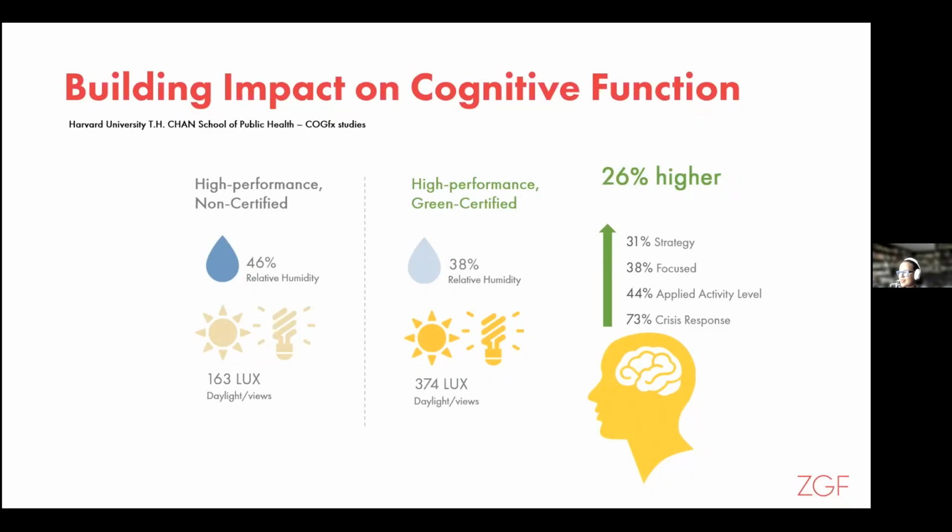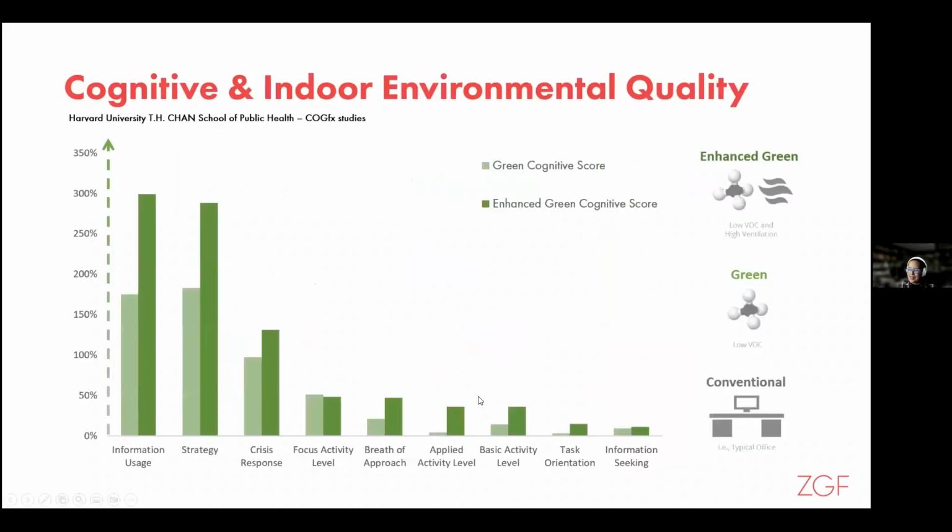Here you can see that they found that performance was 26% higher, especially looking at very specific activities for your cognitive functioning: strategic thinking, your ability to focus, your ability to apply and respond to crisis all gets impacted once you are in a space that doesn't have adequate ventilation.